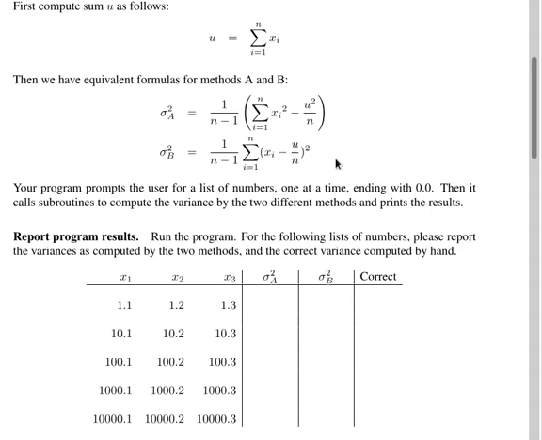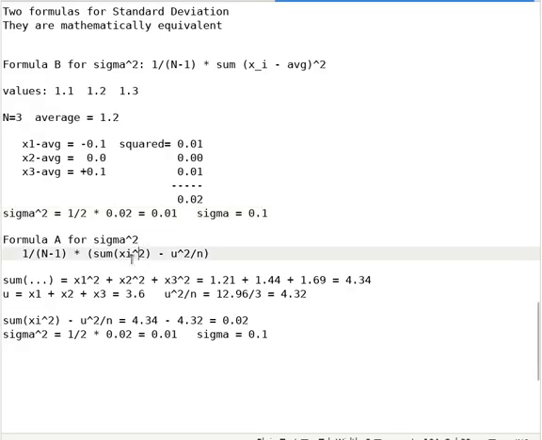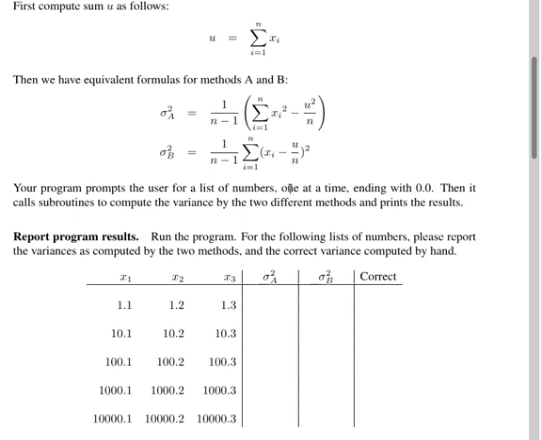All right, so let's go back to our notes here. We're going to sum up the squares. So 1.1 squared is 1.21, right? 1.2 squared is 1.44, and 1.3 squared is 1.69. We add them up, we get that. So that is this term over here, the sum.